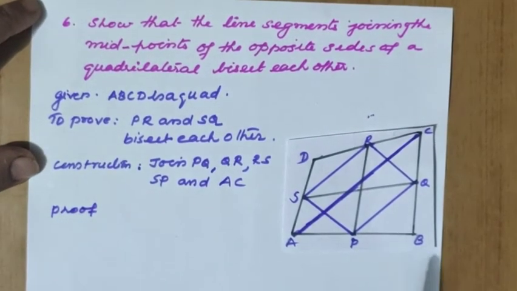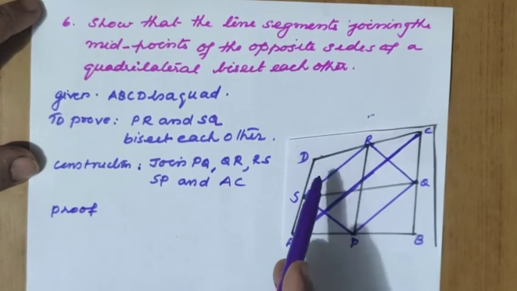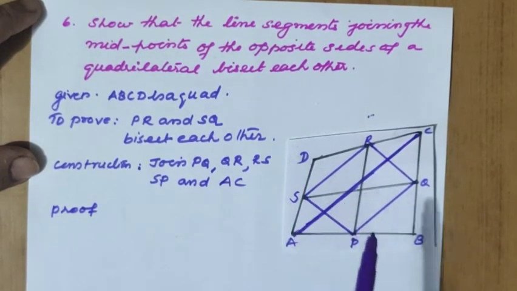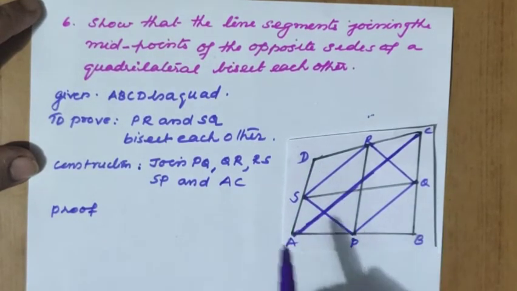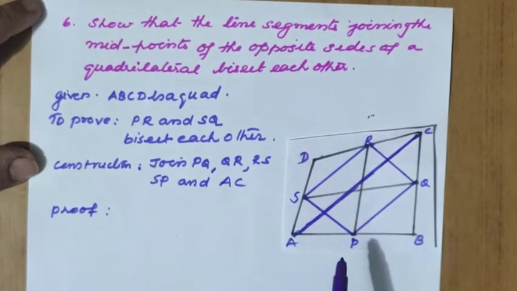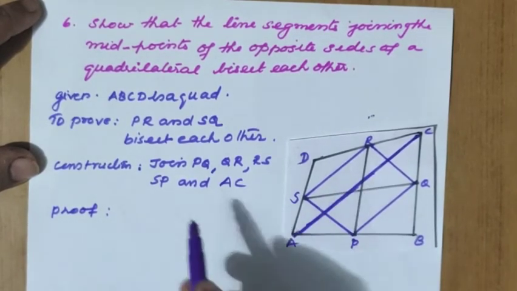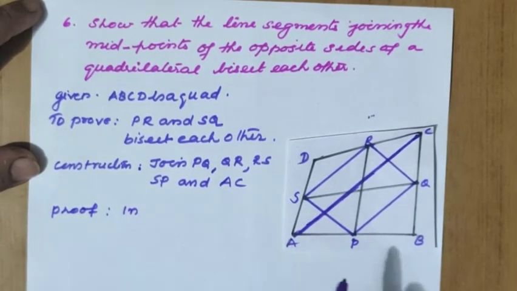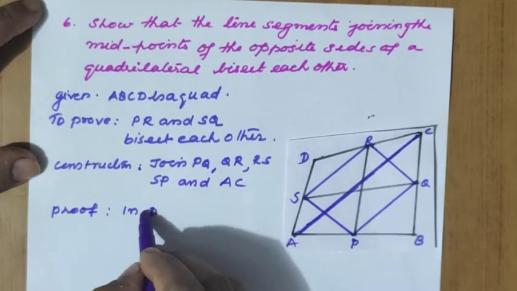After joining the diagonal AC, we get two triangles. Which are the two triangles? DAC, right? So we can use the midpoint theorem here. S and R are midpoints in triangle DAC.